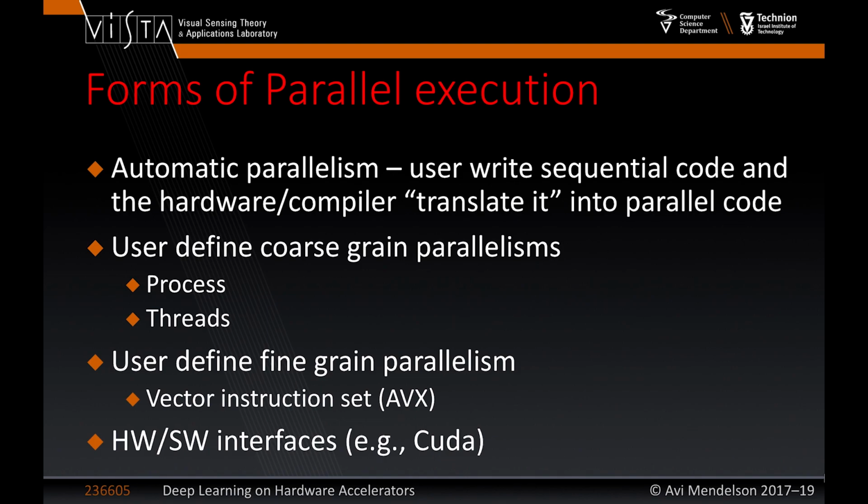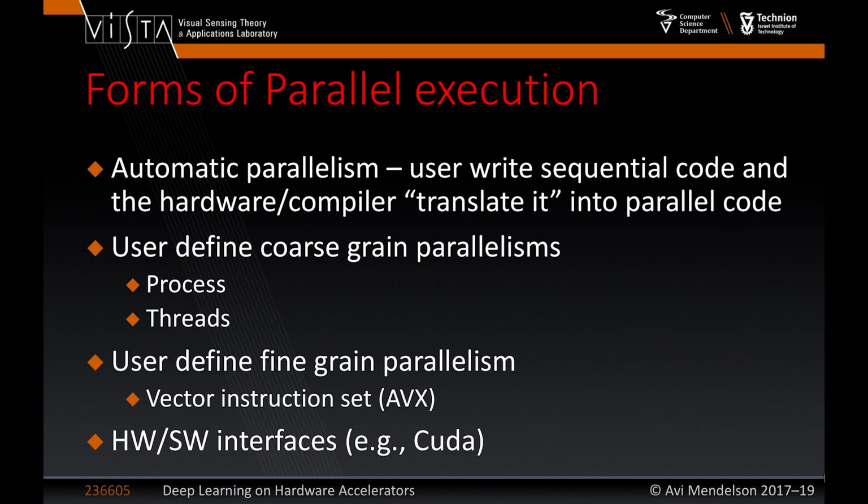So we can go to what we call user-defined fine-grained parallelism. For example, there are vector instructions like AVX. What is a vector instruction? It is where the user tells the system all these instructions are not dependent on each other. You can execute them in parallel. You need to decode it once because I'm going to use the same instruction and send it to all the execution units.